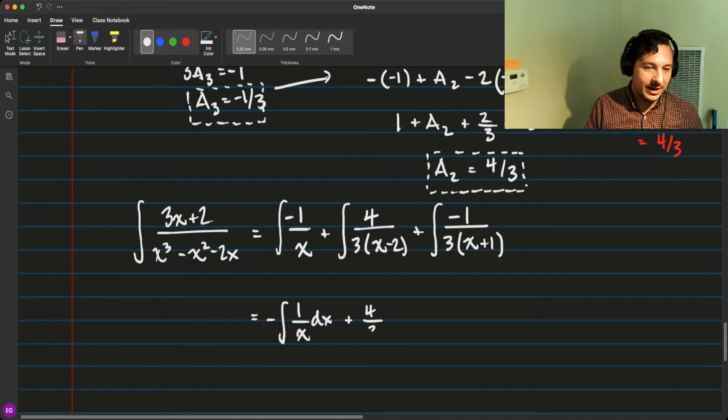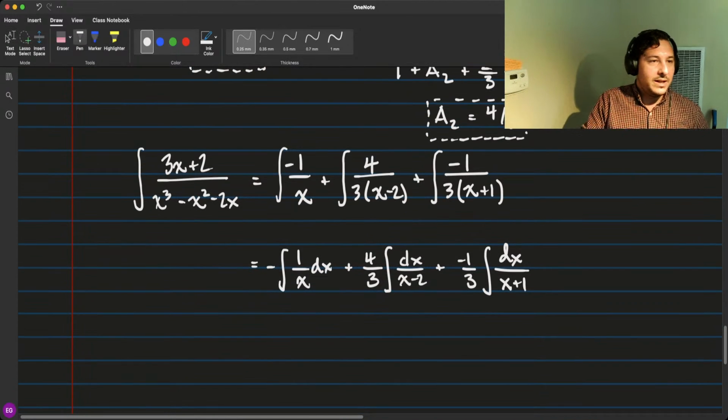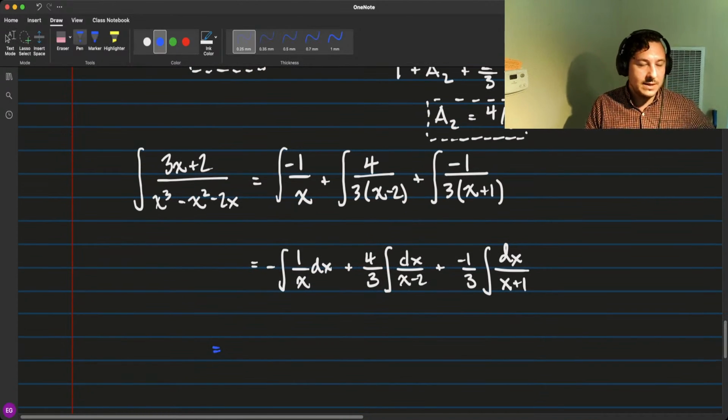Writing it down and I'm factoring out the constants. Yeah, you could do u substitution. So we're pleased with this because now I can just do u substitution on all of these.